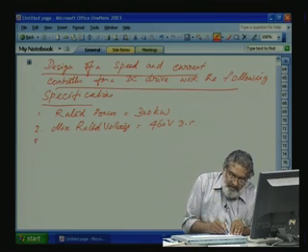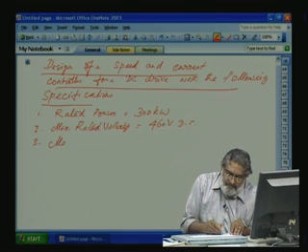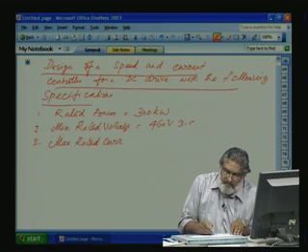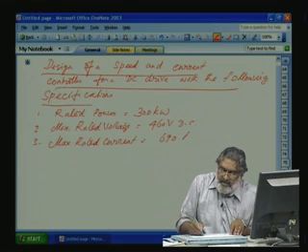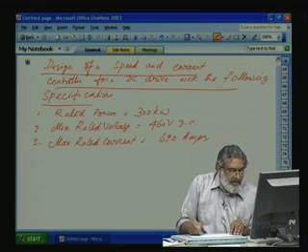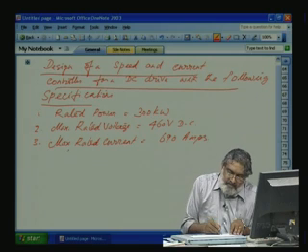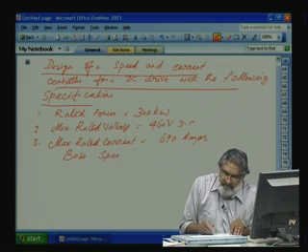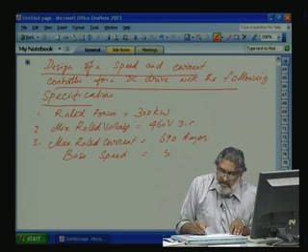Maximum rated current, 690 amps. Base speed, let us say 500 RPM.